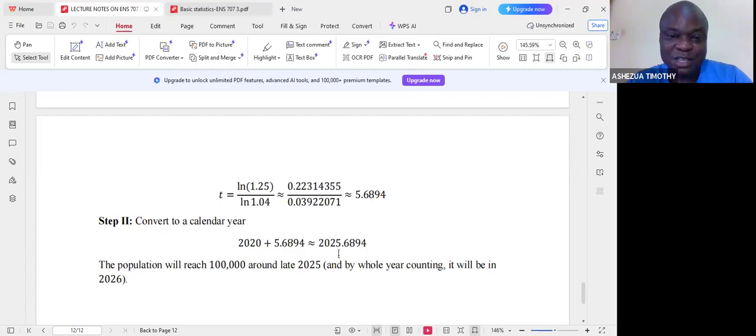If you round it up here, your conclusion will be that the population will reach 100,000 around 2026. But if you leave it the way it is, our conclusion will be that the population will reach 100,000 around late 2025. But if you round it up to a whole number, we'll conclude that our population will reach 100,000 around 2026.